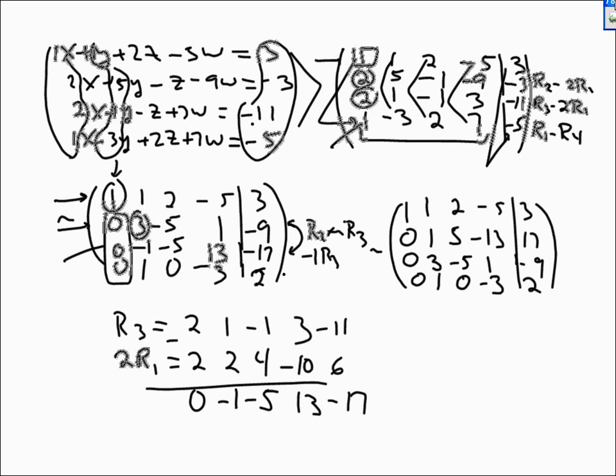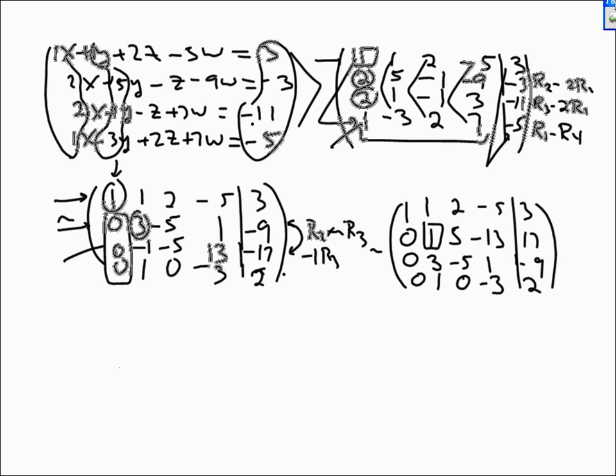Okay. So now row 2 has that leading entry. I want to get what's above it and below it to be zeros. And most of what's above and below, at least in 2 of the 3 cases, is the number 1. And the number 3 is easy to kill off because the leading entry is 1. That's very, very friendly.